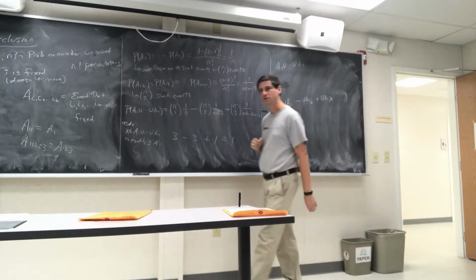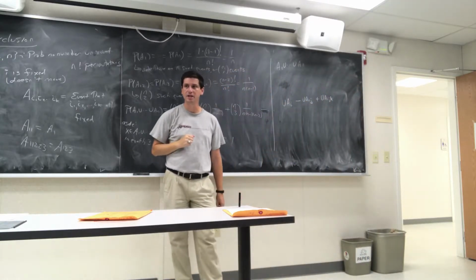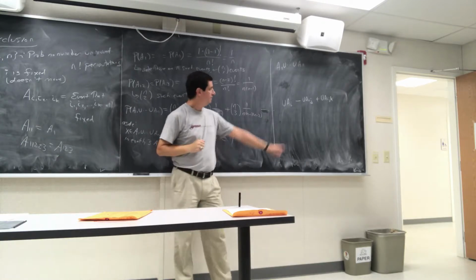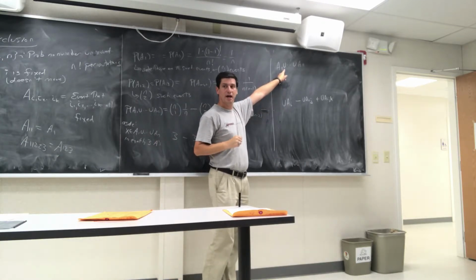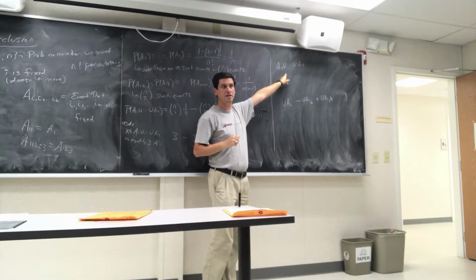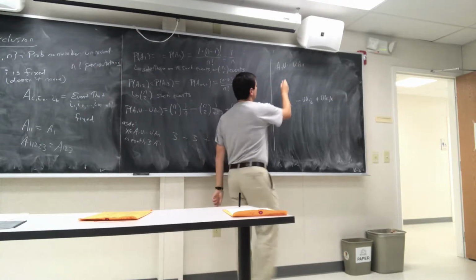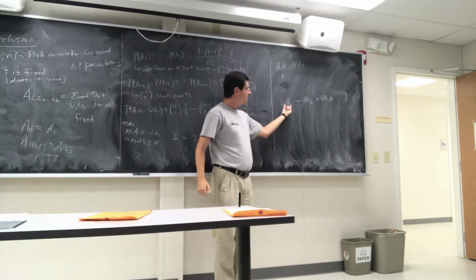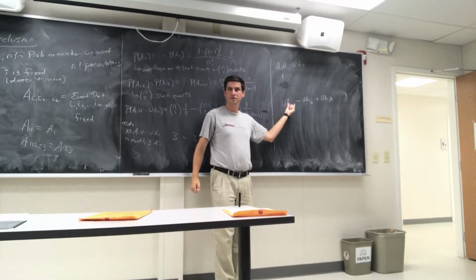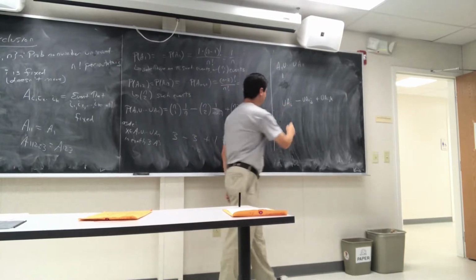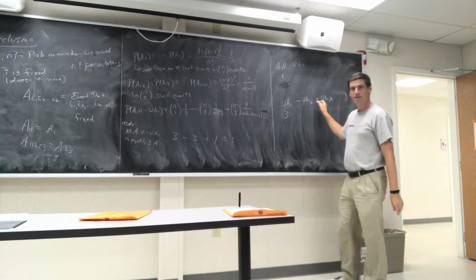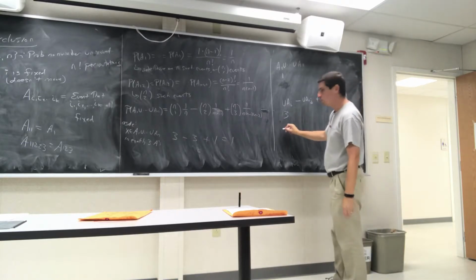This is the inclusion-exclusion. I'm trying to keep track of how many times something occurs. If it occurs exactly 3 times, I count it here once, because it's in the union. In these over here, how many times is it counted? It's counted 3 times. How many times is it counted here? Let's say it's in the sets A1, A2, A3.